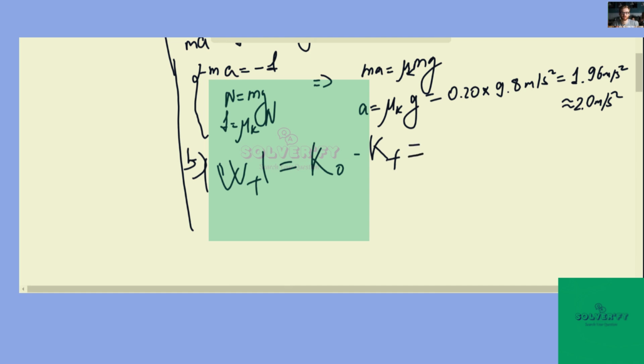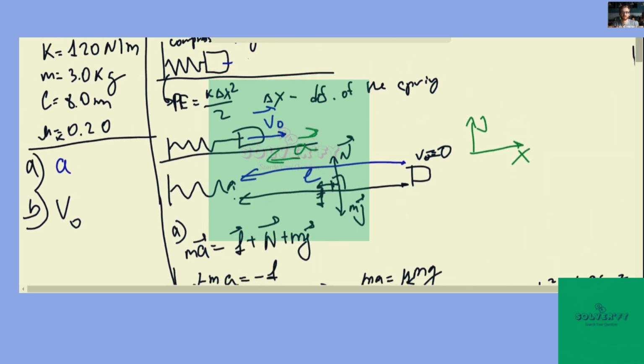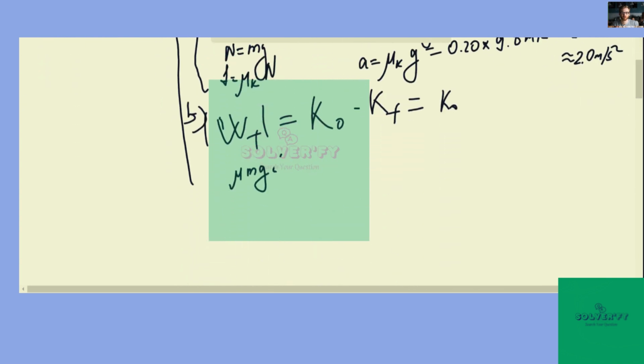And the final kinetic energy of the block is 0 because it stops. Then it equals the initial kinetic energy. On the other hand, the absolute value of the work of the friction force equals mu mg, which is the friction force, times the displacement d, here labeled as L. That's the distance traveled by the block, which equals m v squared over 2.